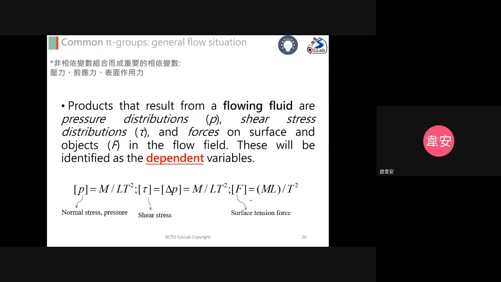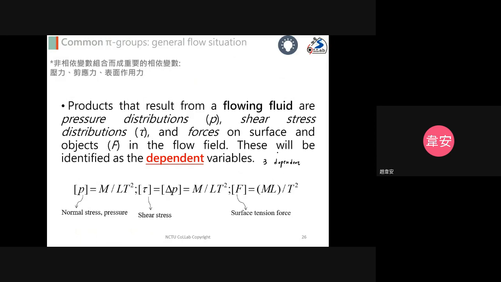And we have also the surface tension force, which is from the surface tension problems when our condition is on the liquid to gas interface. So totally we have 3 dependent variables.